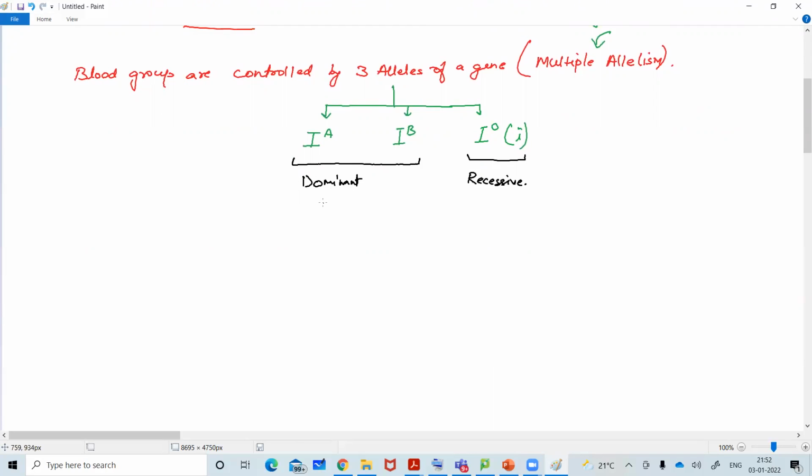So now, if dominant genes are present, that means the dominant alleles are responsible for formation of surface antigen, right?